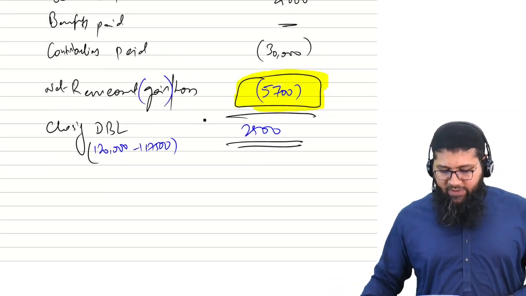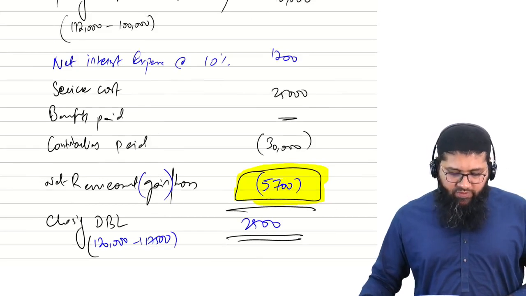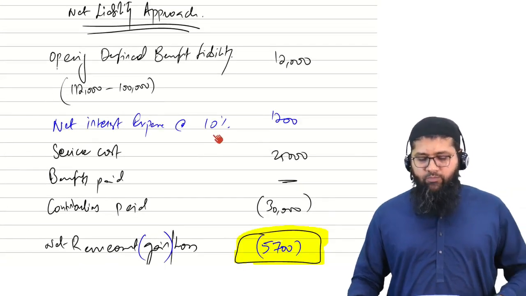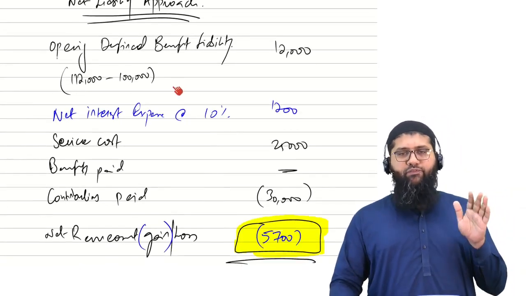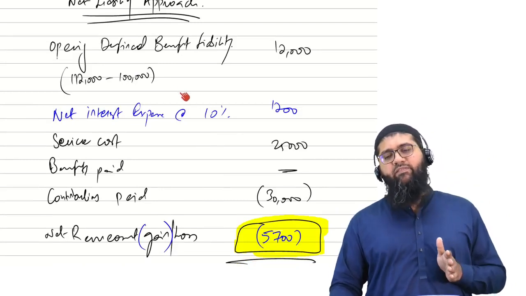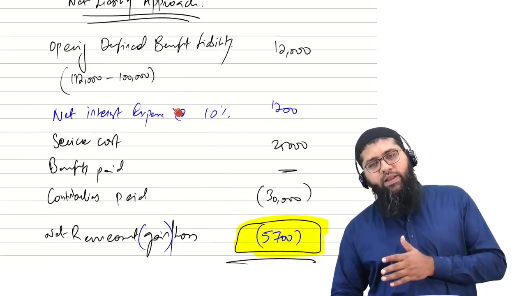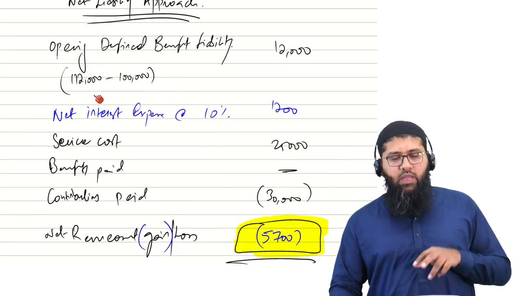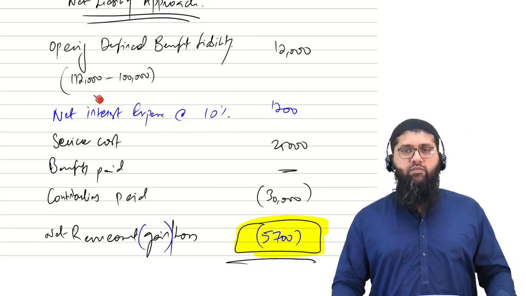I'll repeat the net liability approach. Instead of separately reconciling assets and liabilities, I've reconciled them on a net basis.